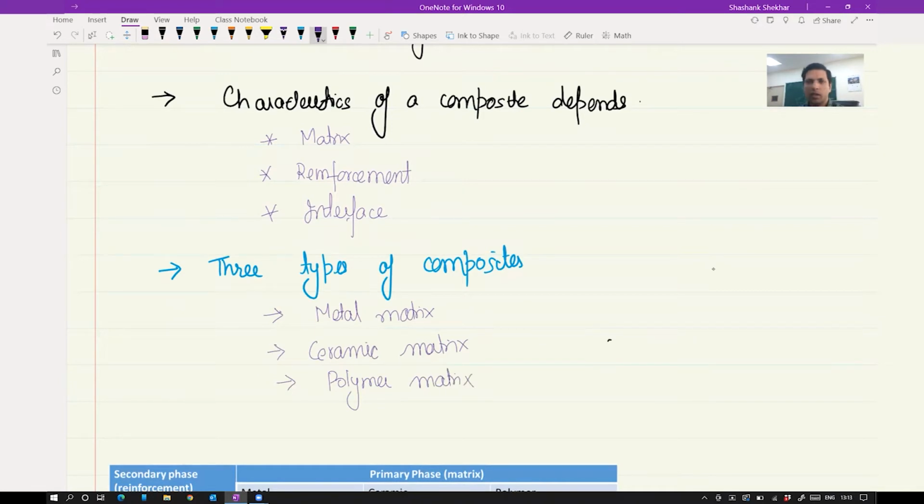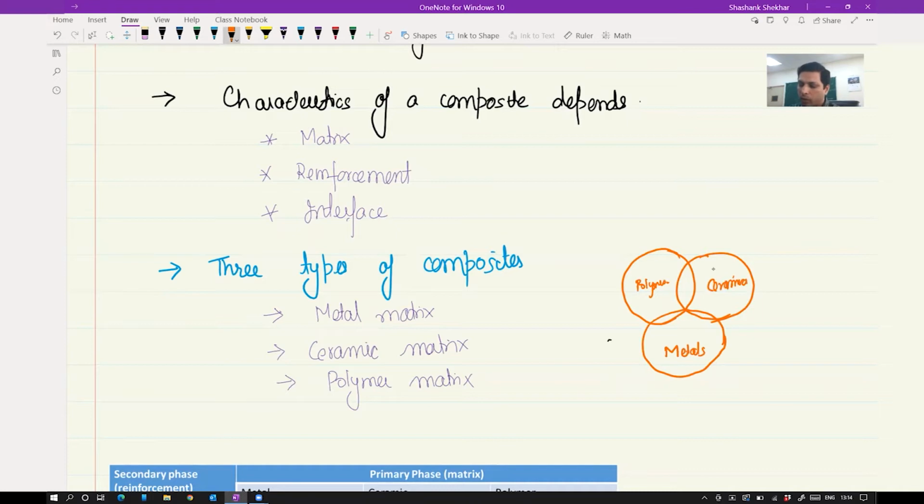In fact, these are the three main classes of materials, and therefore we can also draw a Venn diagram to describe the different types of composites you will obtain. So one of them is metals, ceramics, and polymers.